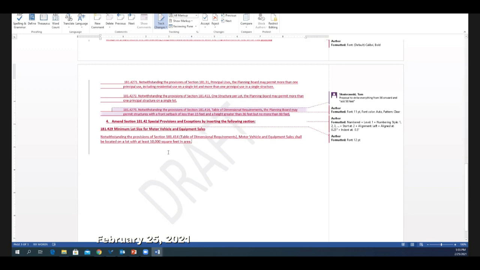Do we know how many car sales lots we have approximately that currently don't meet this criteria? I did not do that analysis. It was, to be frank, a judgment call.